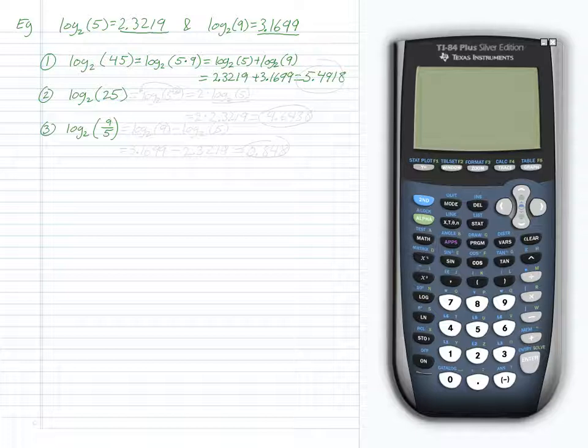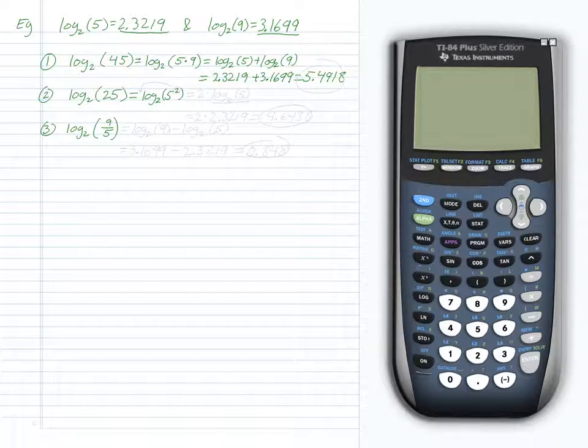In our second example, I would notice that I know what log base 2 of 5 is, and here I'm asked what log base 2 of 25 is. Now I know that 25 is 5 squared. And so I can make the appropriate replacement.